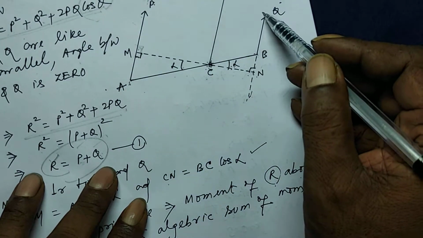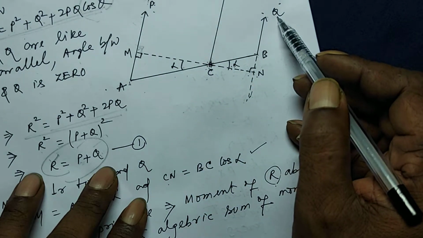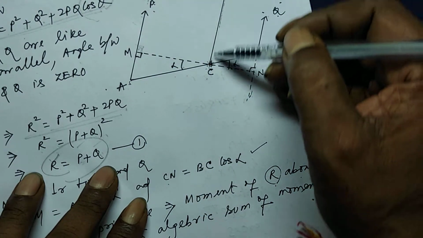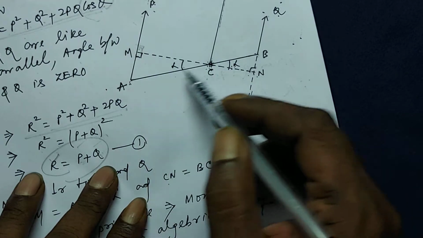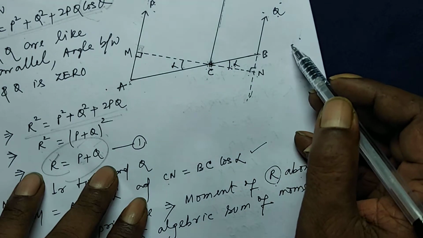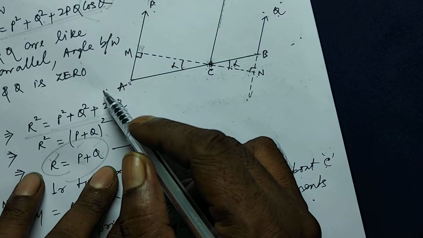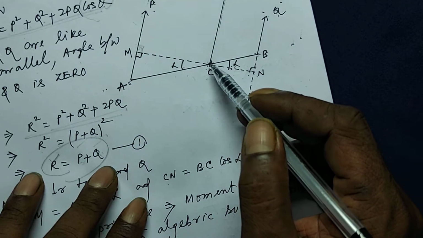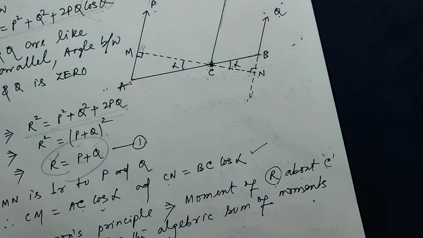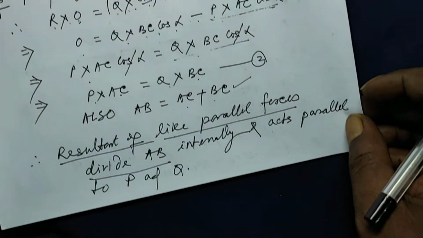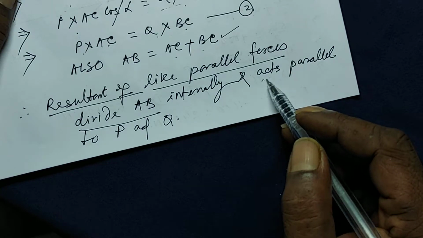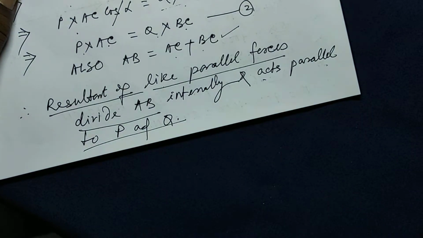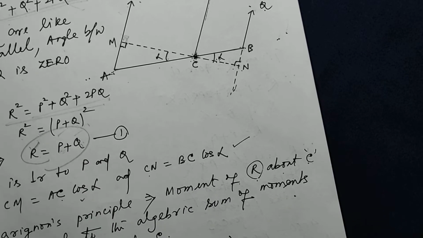Like parallel forces, the resultant of P and Q, the point where it acts has to be within AB, not to the right of B or to the left of A. It has to be a point internal between A and B, and it must act parallel to both P and Q. So that is the conclusion.